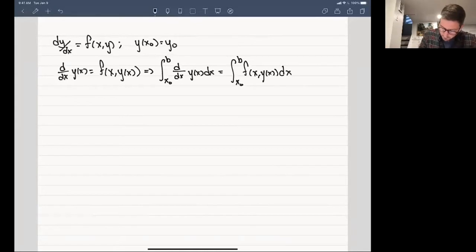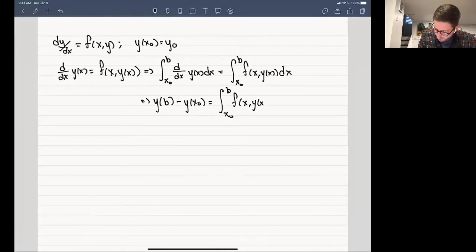All right, so all I did is I hit both sides with an integral. Now from the fundamental theorem of calculus, this tells me that I'm integrating the derivative. So this is just equal to the function evaluated at the endpoints, which is equal to, again, the right-hand side doesn't change. It's just integrating some function of x. And to do this, you're sort of assuming you know what y is, right?